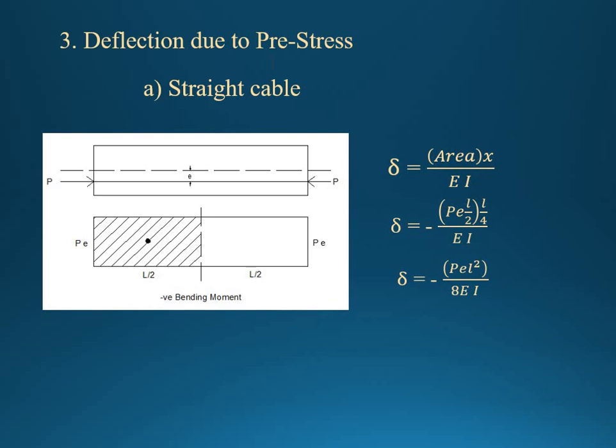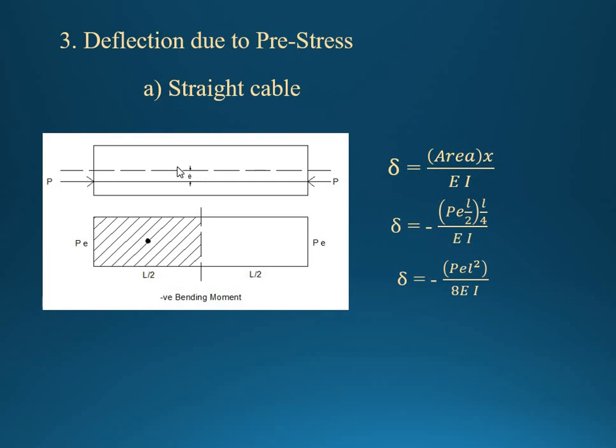Under deflection due to pre-stress, the first case is a straight cable. A concrete beam carrying a straight cable, it is pre-stress. It is having an eccentricity E. Eccentricity means, first of all, this dotted line is nothing but a neutral axis, and this cable is placed below the neutral axis, and the distance between neutral axis and the cable is nothing but eccentricity.